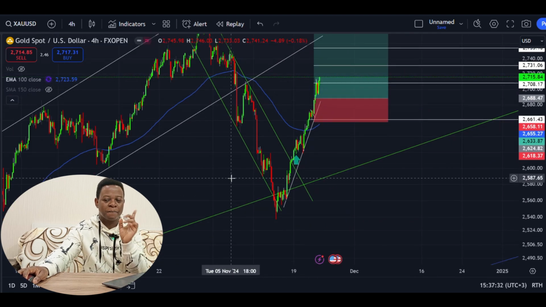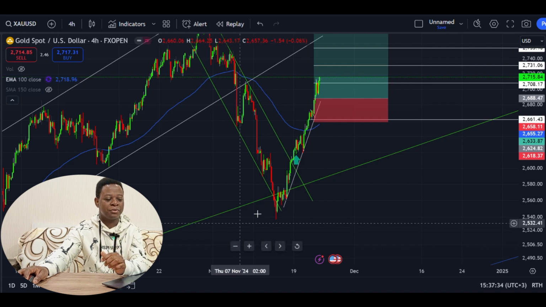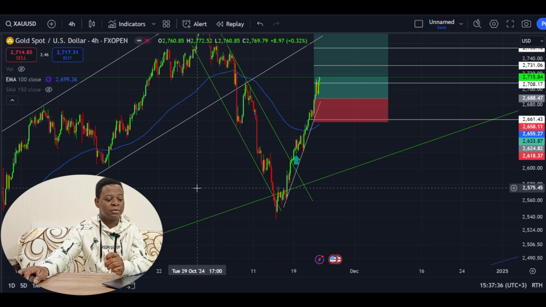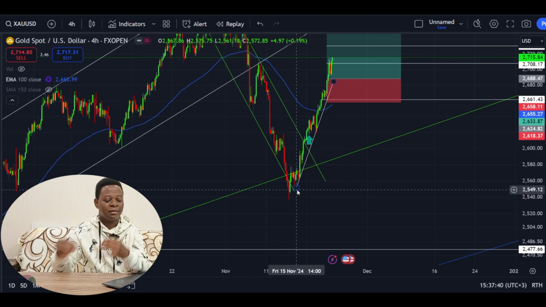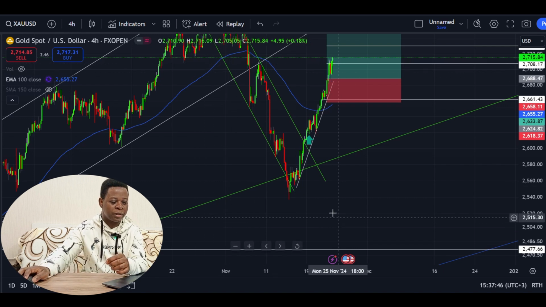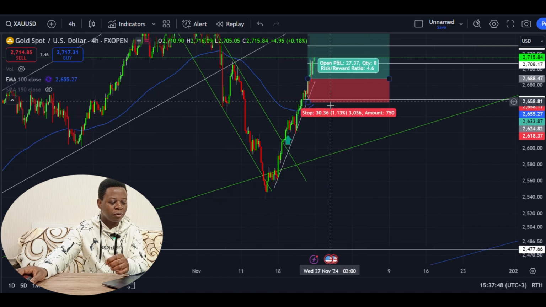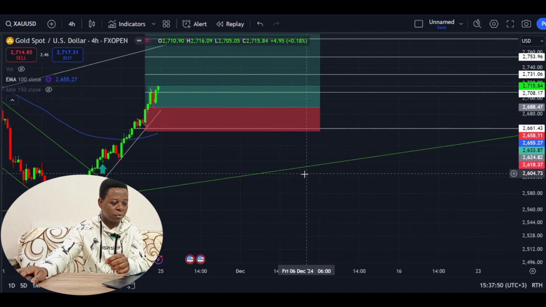If you watch my previous videos, I talked about this, that it's a retracement, not a general downtrend. So you had to be careful about when gold was going to turn around, and you can see where it turned around and continued to move all the way up to the top.